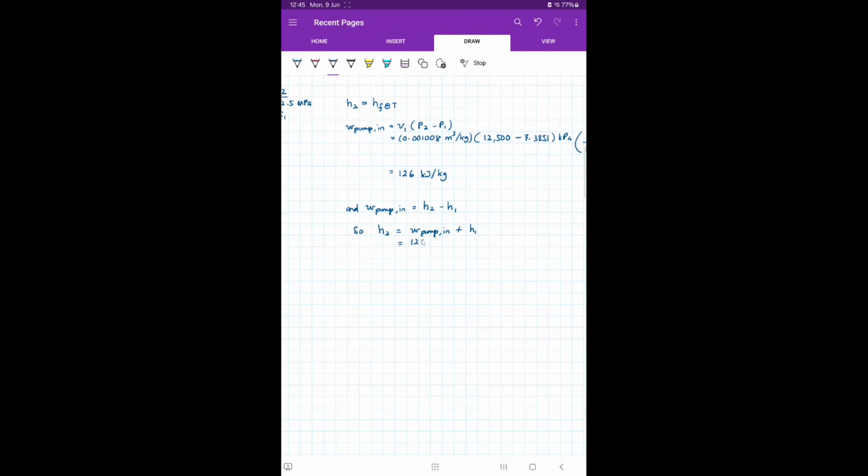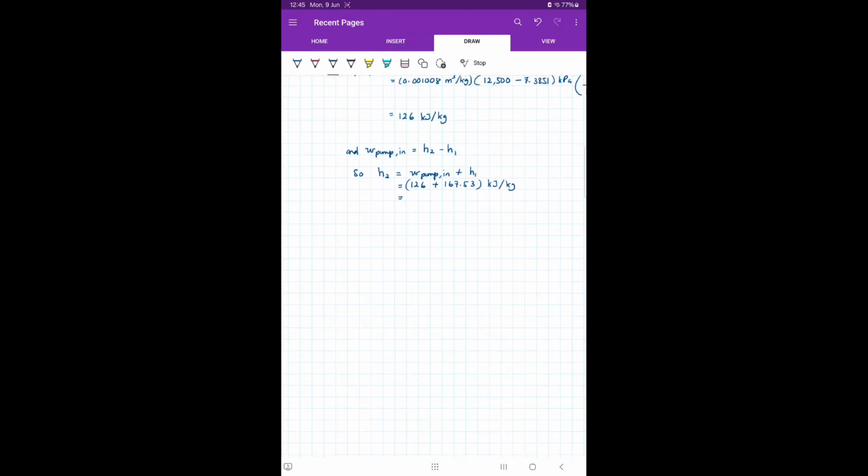This is 126 plus 167.53 kilojoule per kilogram. So my enthalpy at point 2 is 293.53 kilojoule per kg. I'm going to hold on to this value.